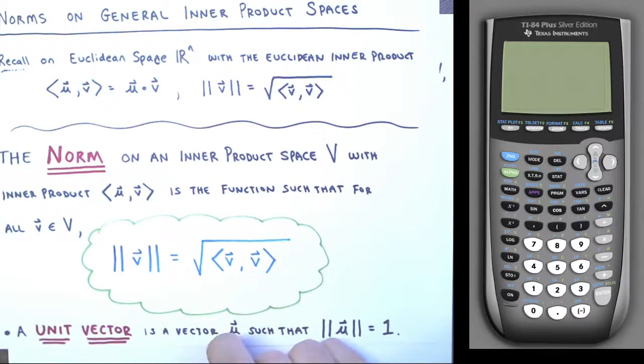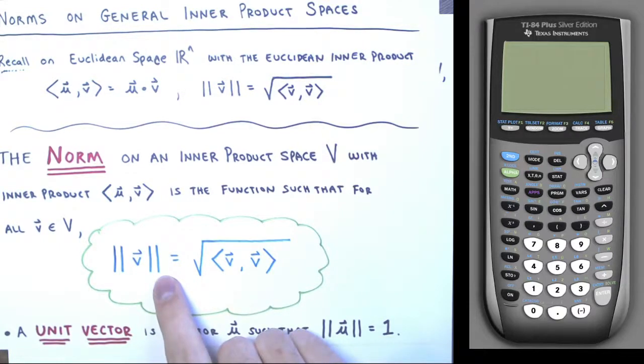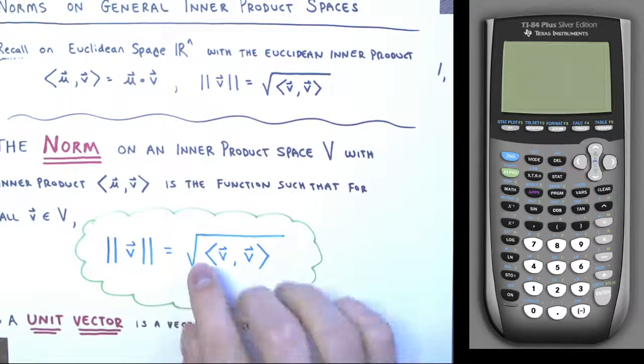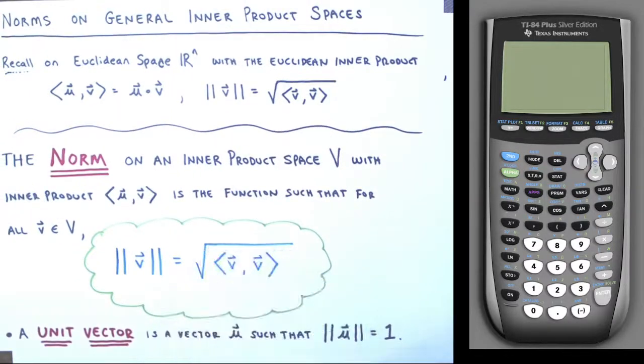There may be some other norms, but if you're talking about a p norm on Euclidean space, you'll see a subscript, the 3 norm, you saw the 3 norm, the 4 norm. You're not going to see that too often.